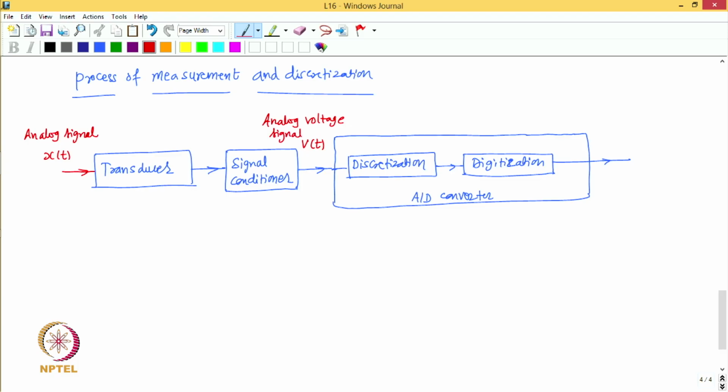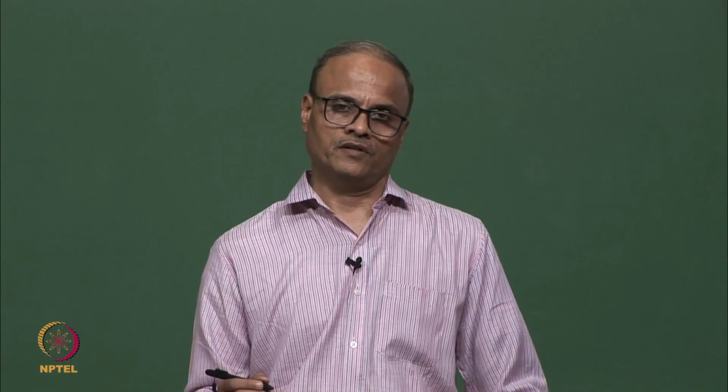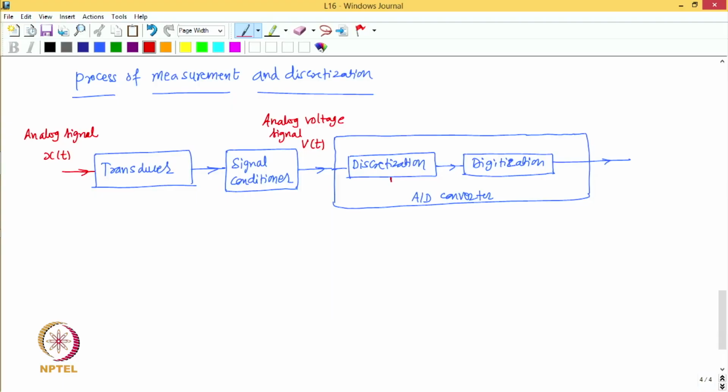Now, A to D converter basically performs the discretization of this signal, and that depends on what is the sampling frequency. So, at a certain sampling frequency, this discretization process in the A to D converter would record this analog voltage signal at discrete instances of time, and the output of this discretization process will be a discrete signal Vk.